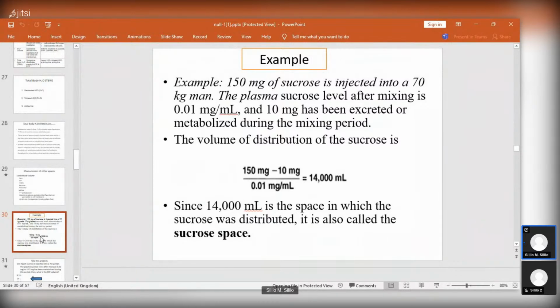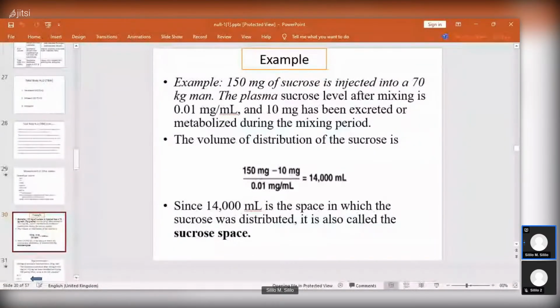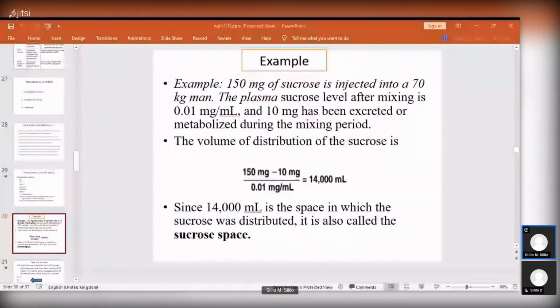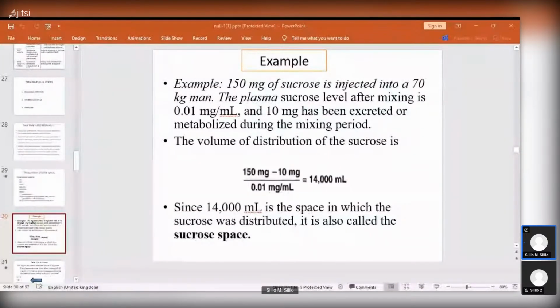So the question, just for the sake of understanding: you have your ECF here, and then you have your ICF here. What that example is saying is that it is 150 milligrams. This is our dye, our solution A. We're going to call it sucrose.